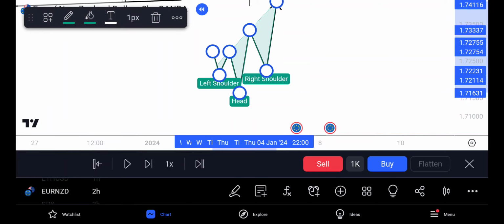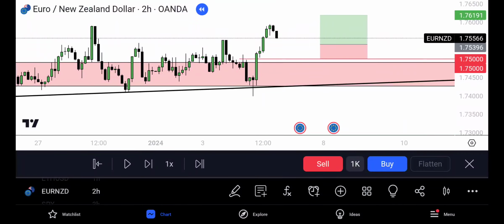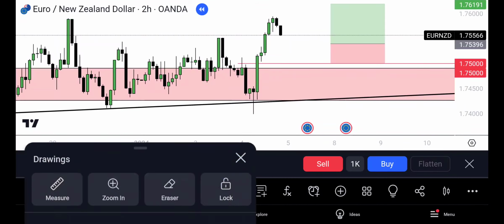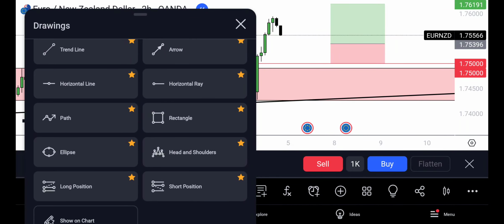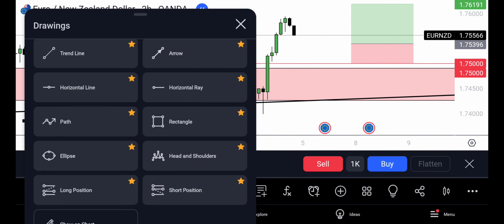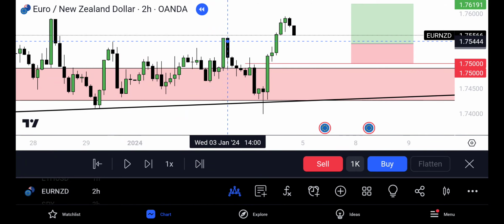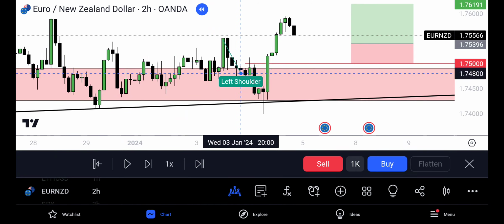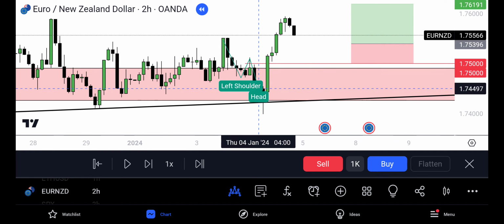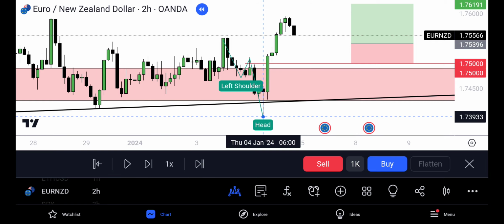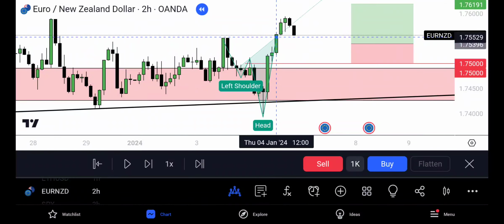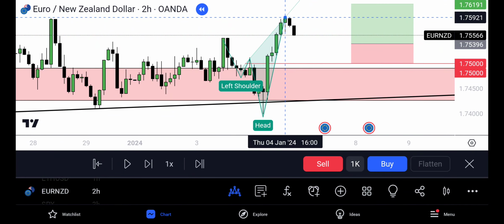So let me delete this and then show you guys on the real chart what is forming right now. So you can see from this point here, you can see that the market has created the left shoulder here. Now it has broken the left shoulder and created what we call the head, and immediately you can see this impulsive move to the upside that broke the neckline.